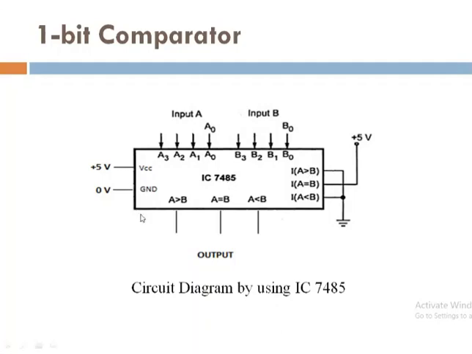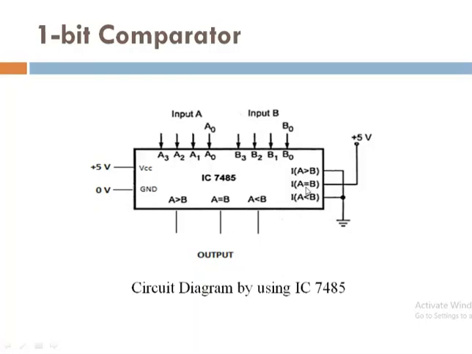So if you don't require the cascading input, up to a 4-bit comparator, then this is the setting for the cascading input. You always have to connect the cascading inputs A is greater than B and A is less than B to ground if you implement up to a 4-bit comparator.